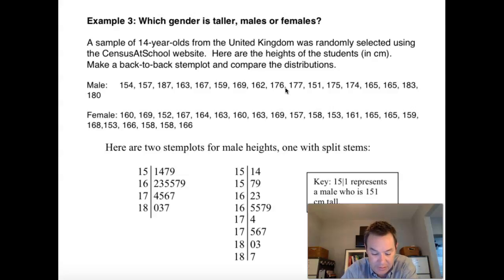So here's two ways I can make a stem plot for male heights. One way to do it, we're going to use all but the last digit for the stem, meaning 154, all but the last digit is the stem. So the 15 is the stem, and the 4 is the leaf.